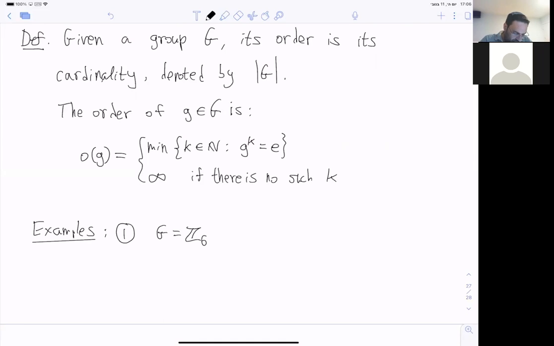If G is Z6, inside this group, what is the order of 1? It is 6. Okay, because 1 is a generator. So the minimal time you get back to 0 is after 6 times.